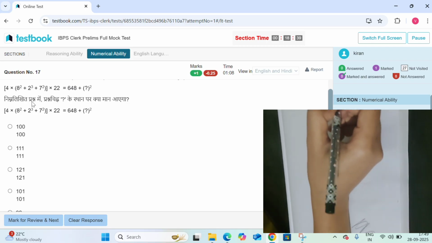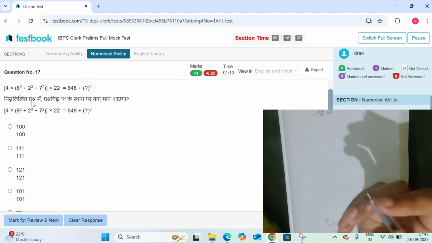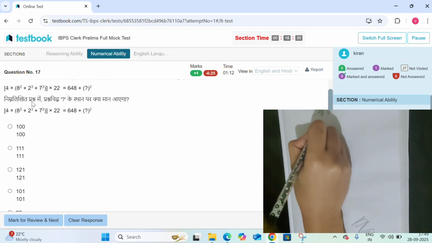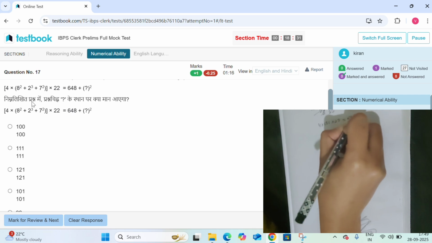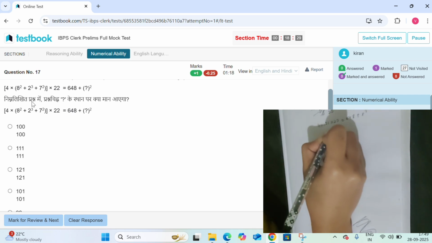Sorry, something is wrong. It is into 22, right? 4 into 121 into 22, sorry, 648 plus x squared equals 88 into 121.